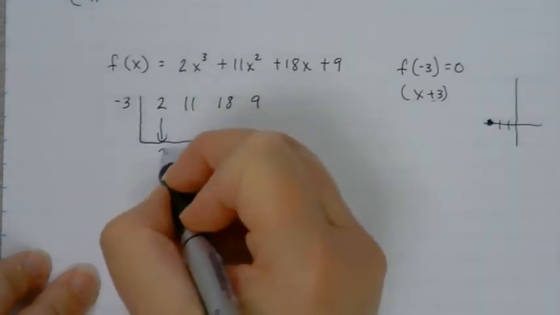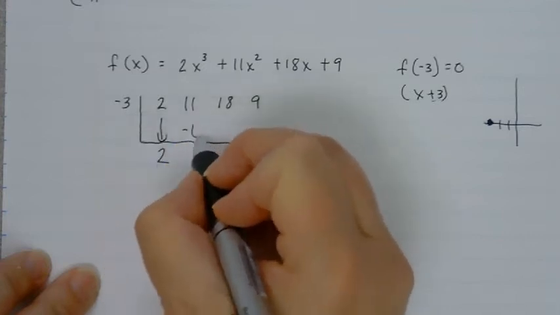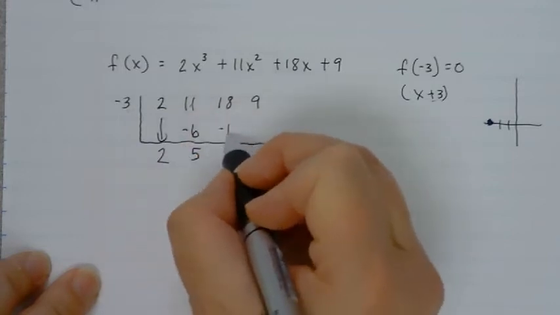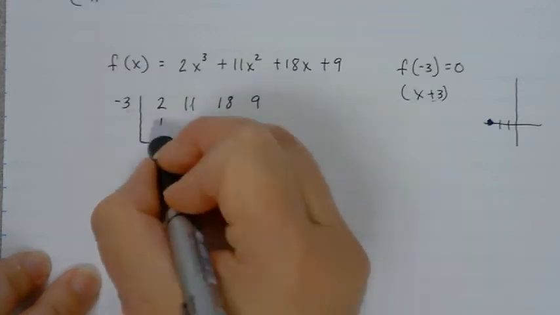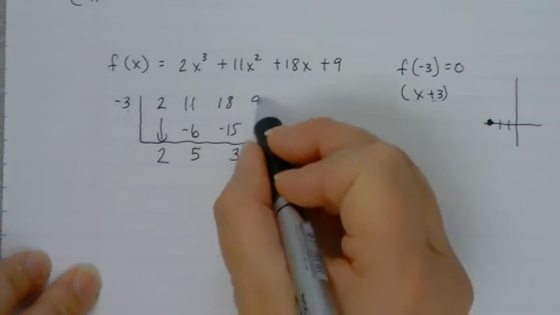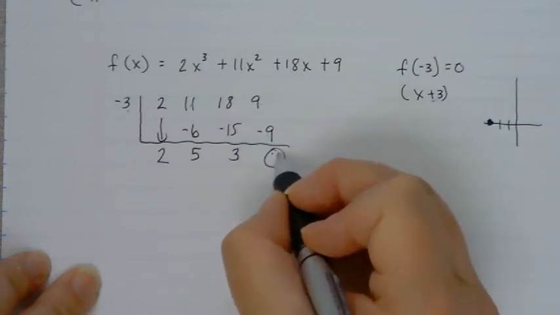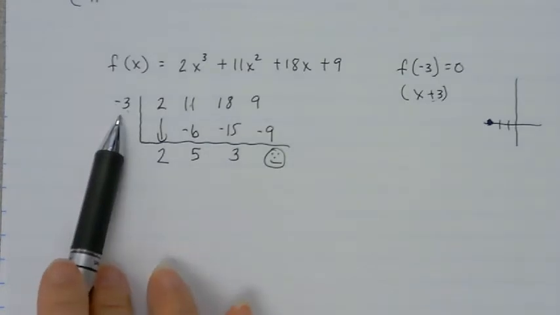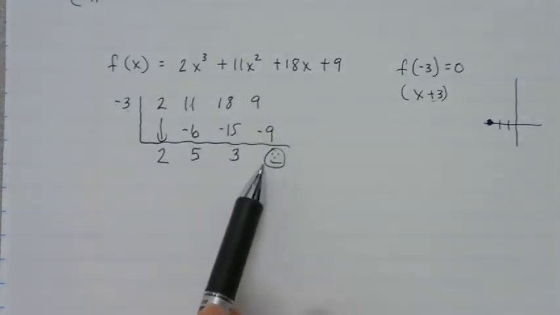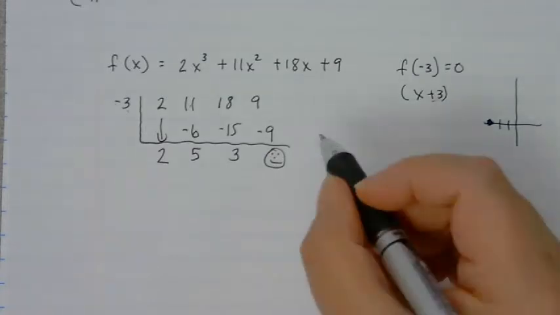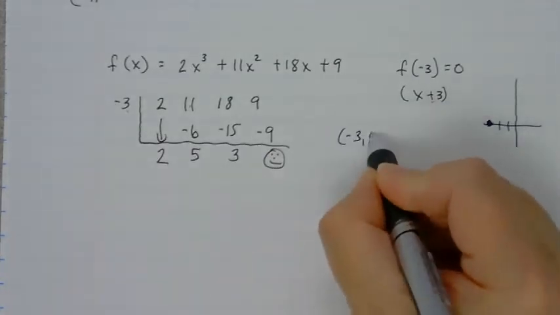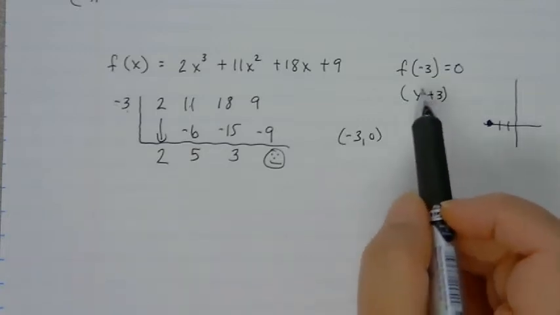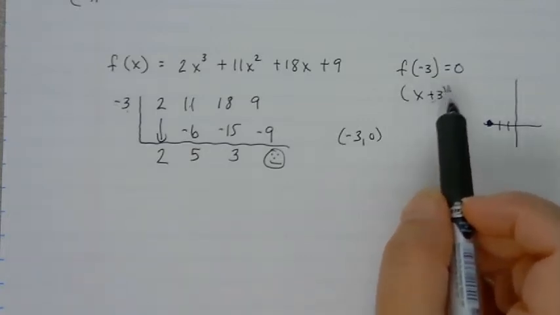Bring down the first term, multiply, add, multiply, add, multiply, and add. Hey, I like this. If I put in -3, I get out 0. So that means there has to be a point at -3, 0 on this polynomial. And I already knew that because they told me that one of the zeros was -3.